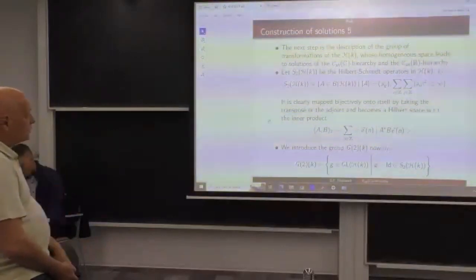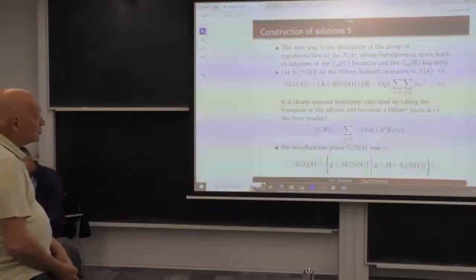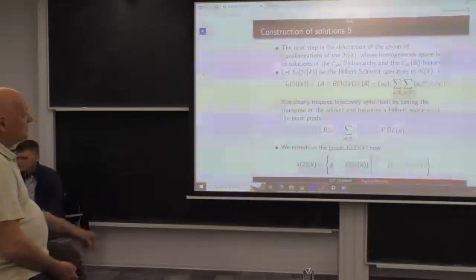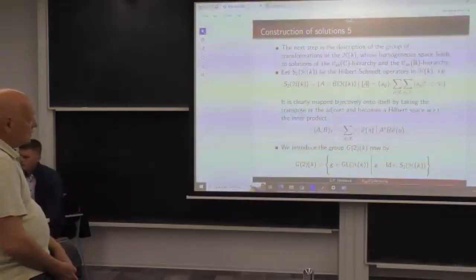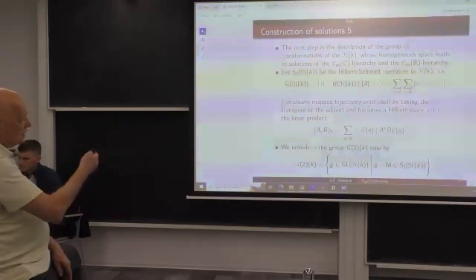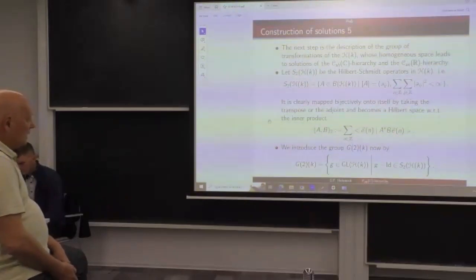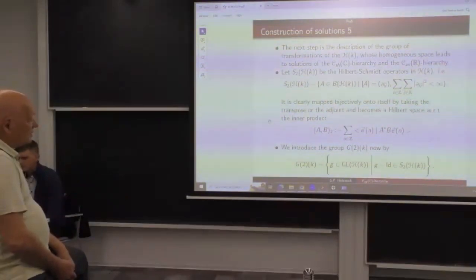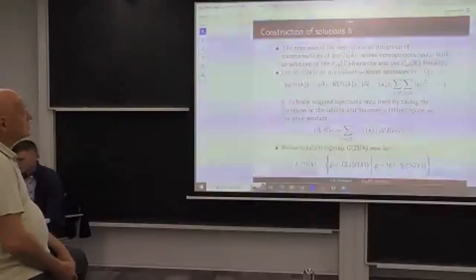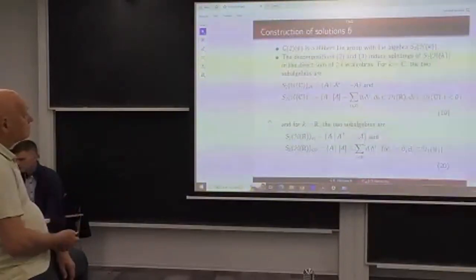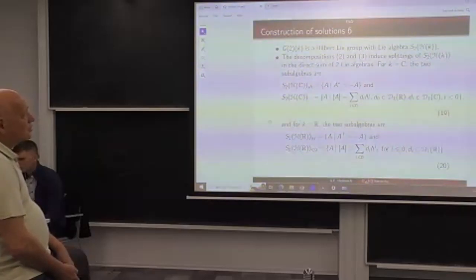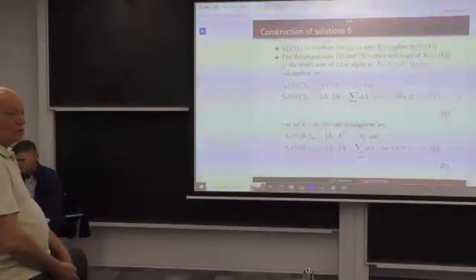It's mapped onto itself by taking transpose or adjoint, and becomes a Hilbert space if you take the inner product of A and B equal to this sum. And now we take a group G2K. All elements of that are invertible and have the form identity plus Hilbert-Schmidt. It's a Hilbert Lie group with Lie algebra equal to the Hilbert-Schmidt operators.